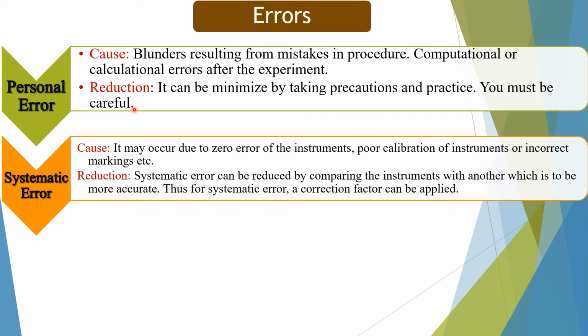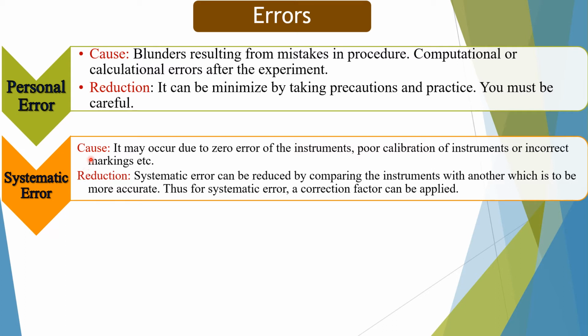Systematic error. It may occur due to zero error of the instrument, poor calibration of instruments, or incorrect marking, etc. Suppose that you are measuring the voltage and your measured value is 4 volt, but you know that the actual value is 5 volt.